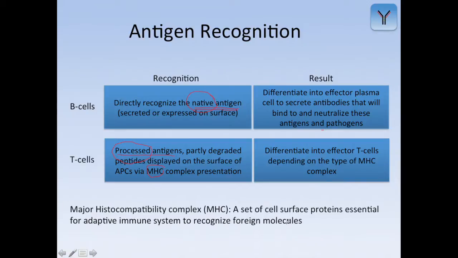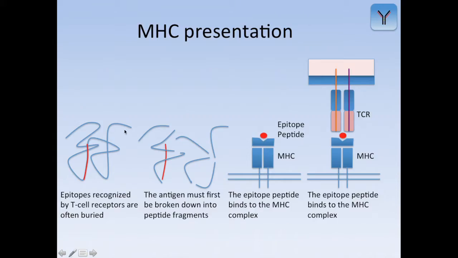Okay, so I'll show you what that looks like here. So, MHC class presentation. Let's say this is an entire pathogen or antigen that was expressed and secreted, and the dendritic cell recognized this piece and engulfed it. And let's say this red piece is the piece that the T cell will eventually recognize, because the T cell receptor happened to be able to bind this piece.